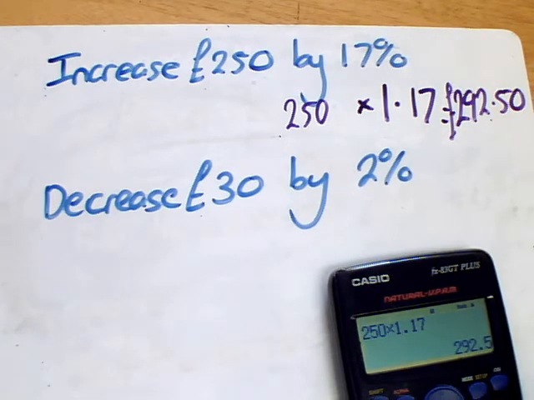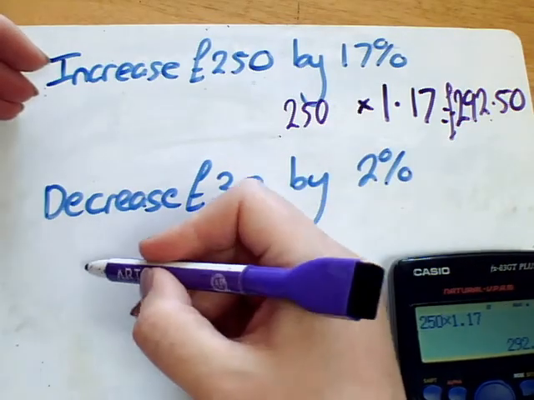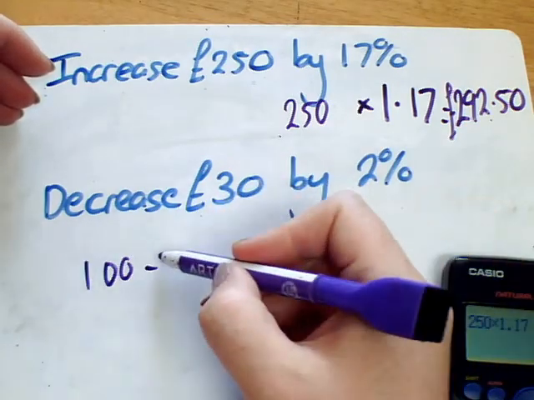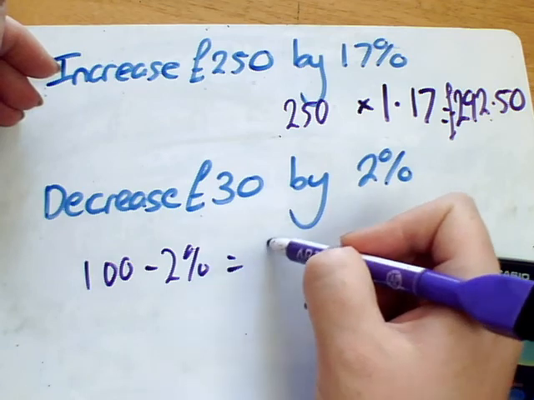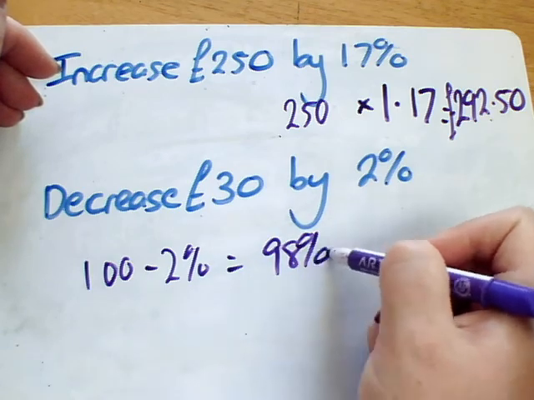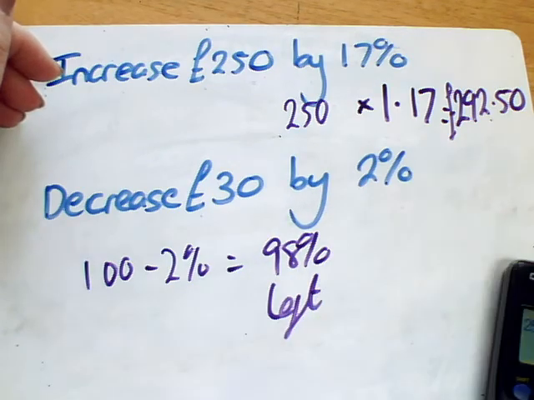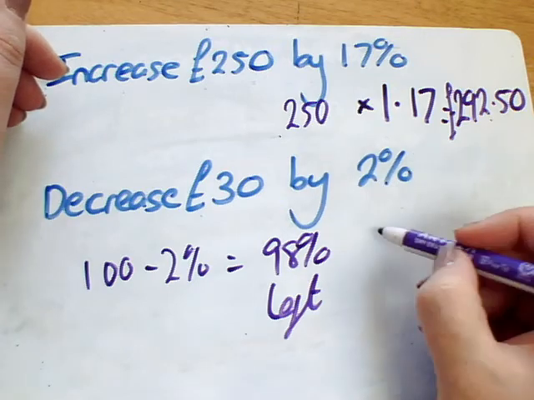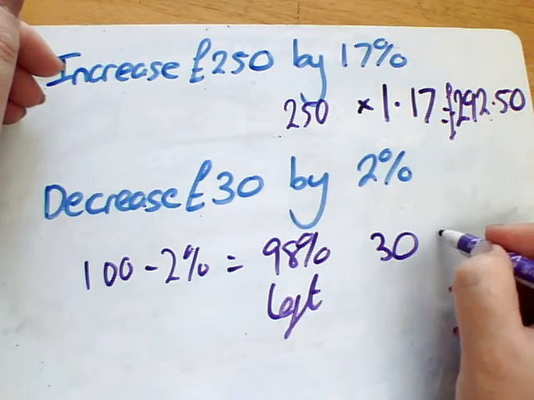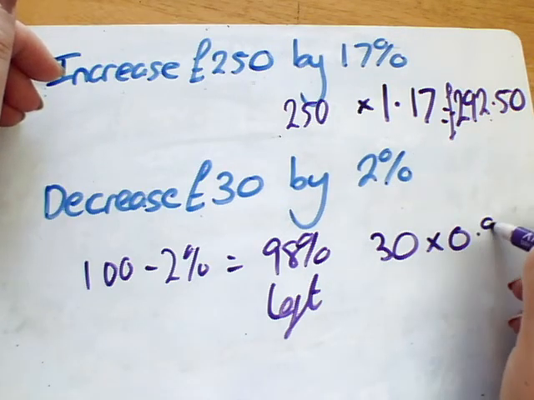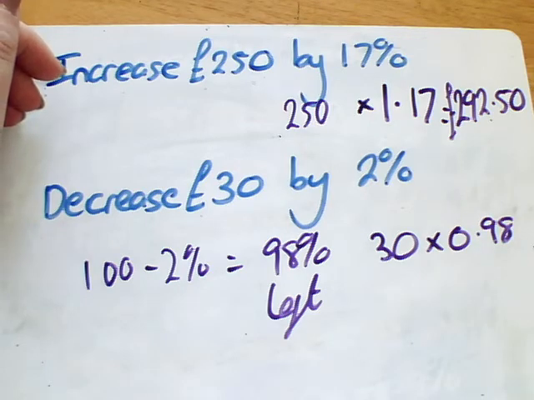For decreasing, remember our little trick, we're going to do 100 minus the 2%. So there's 98% left. Okay, so what I'm going to do here is 30 multiplied by 0.98.